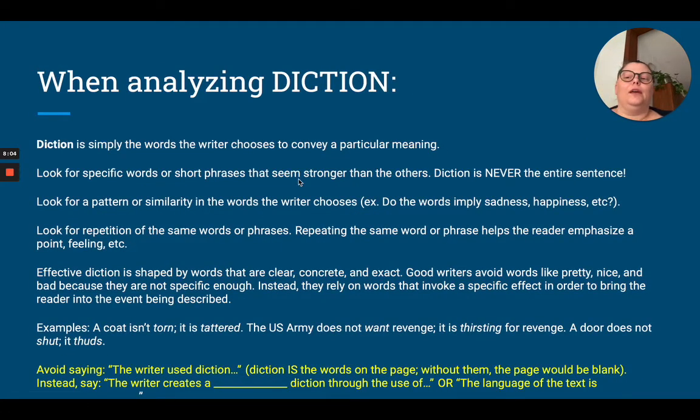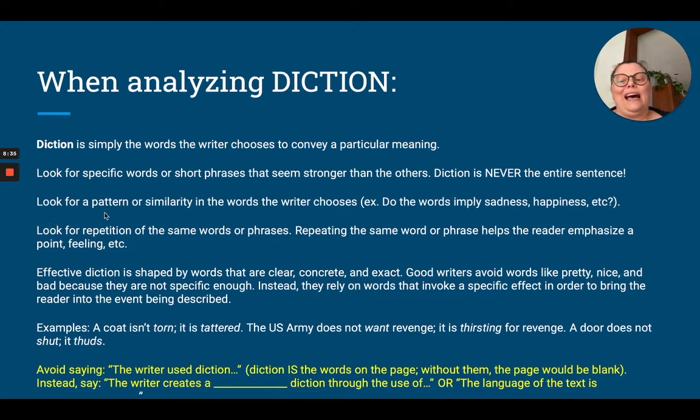Okay, when analyzing diction, and that's the word choice, it's simply the words the writer chooses to convey a particular meaning. Look for specific words or short phrases that seem stronger than the others. Diction is never the entire sentence, so it's the specific word or phrase, like, I have a dream. It's 3 words, and the repetition drives it home, but they're very specifically chosen words, okay?